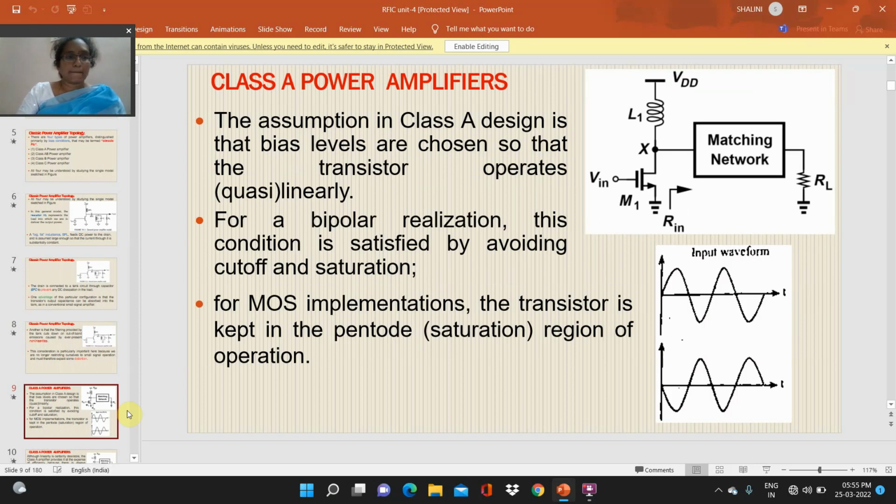Class A power amplifiers. The assumption in Class A design is that bias levels are chosen so that the transistor operates linearly. For a bipolar realization, this condition is satisfied by avoiding cutoff and saturation. For MOS implementations, the transistor is kept in the pentode region of operation.